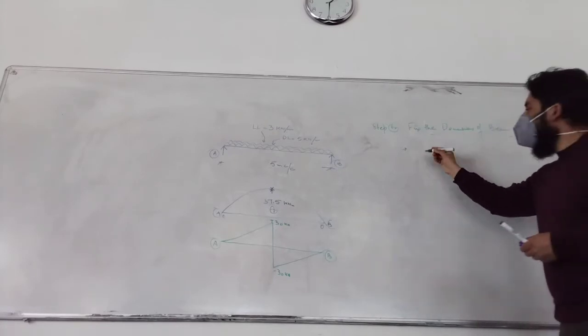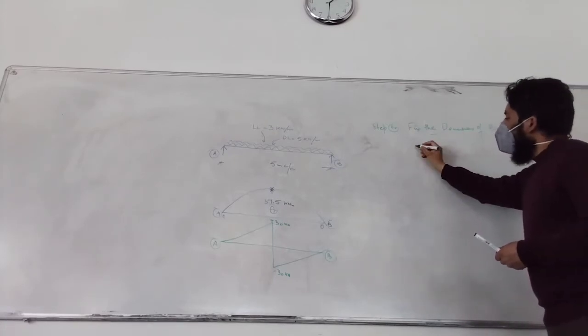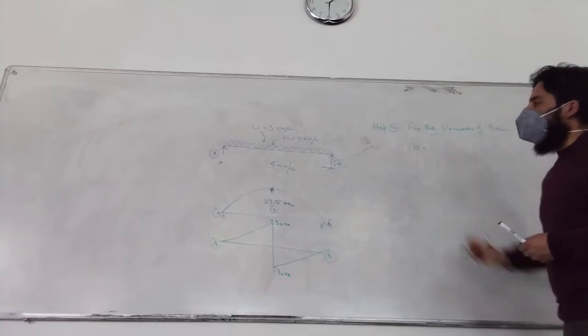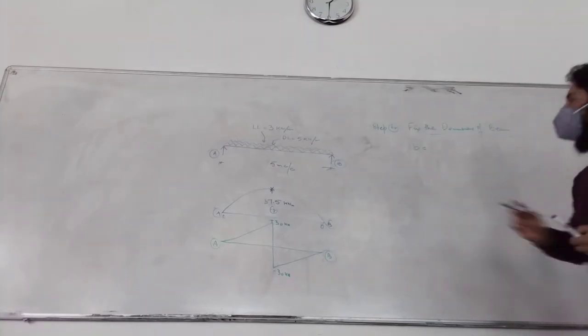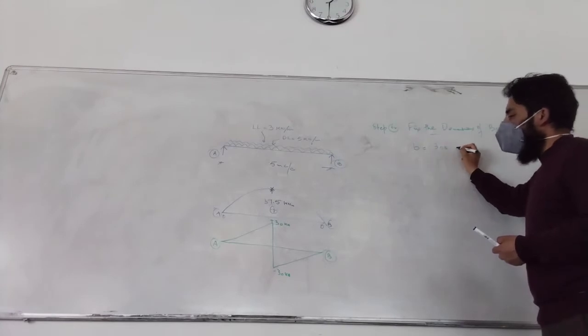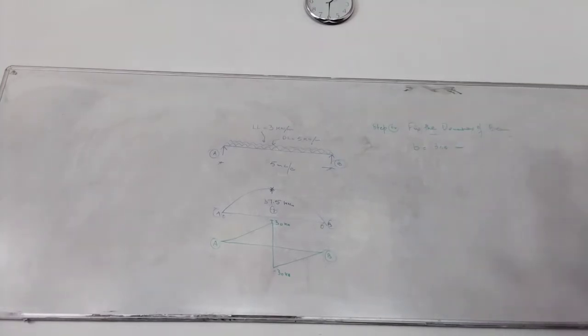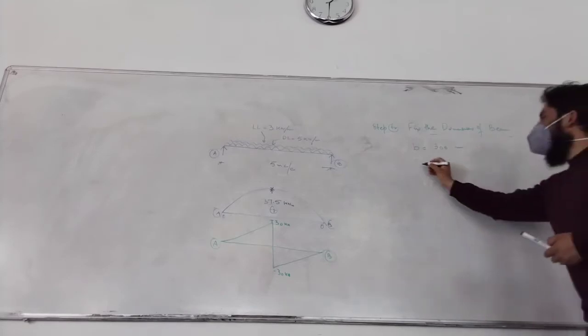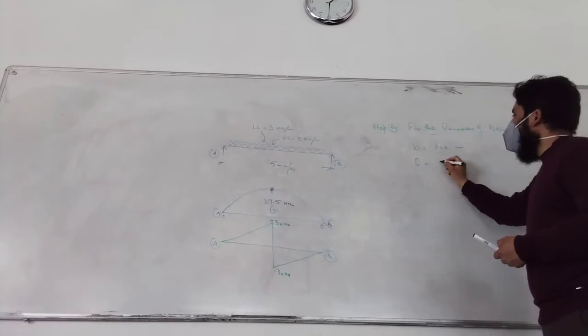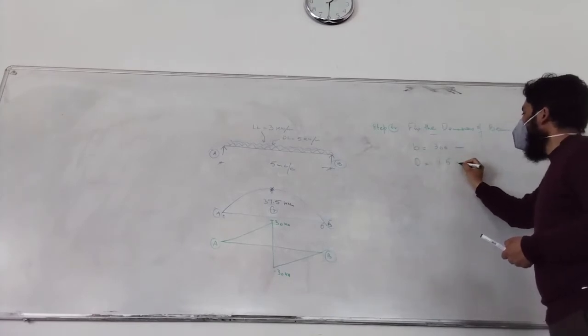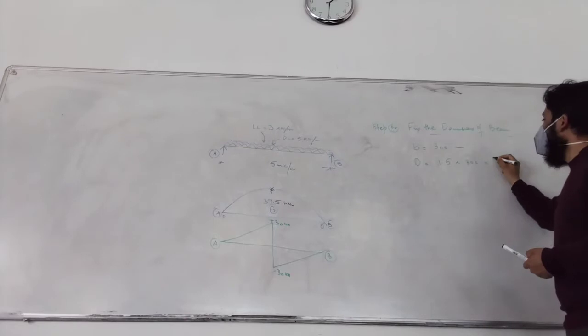So first we will fix the width of the beam. Let that be 300 mm. I don't know as of yet whether I have to go for revision or not. I am just taking any value, 300 mm, for the width of the beam. So the depth of the beam, let's take it 1.5 times 300. So let this be 450 mm.